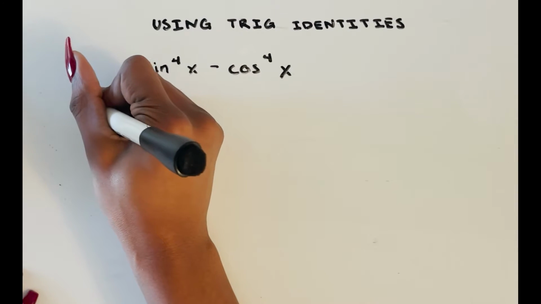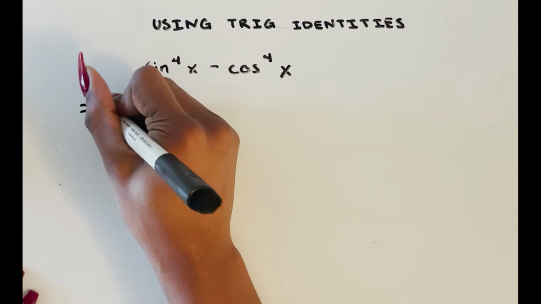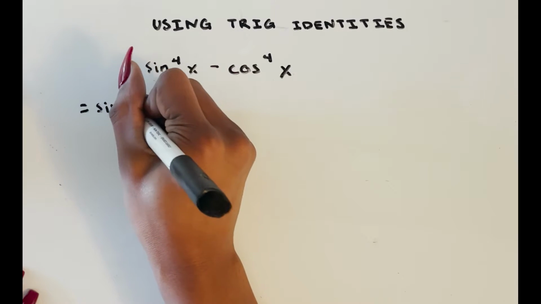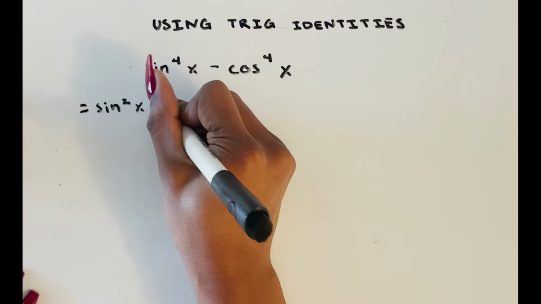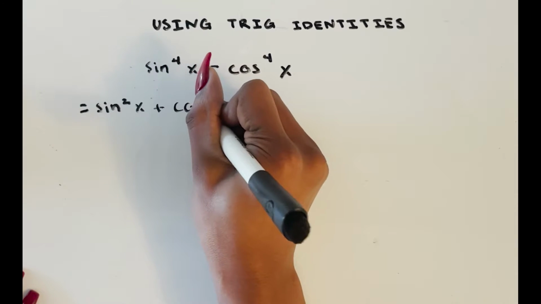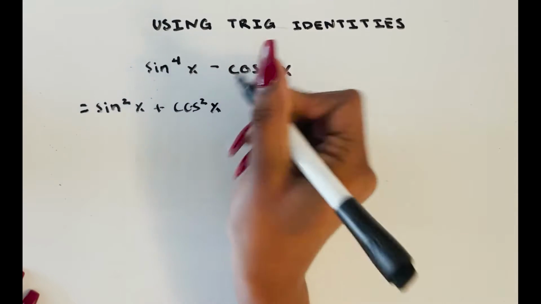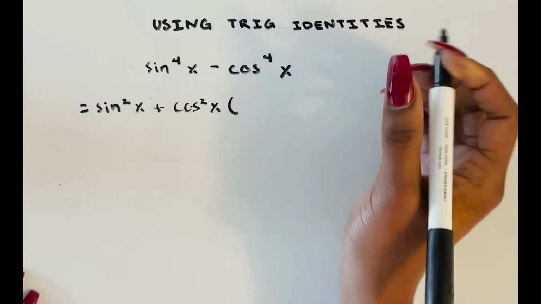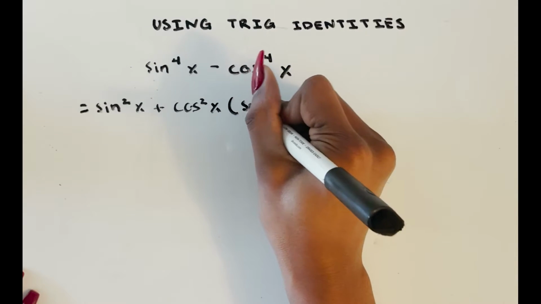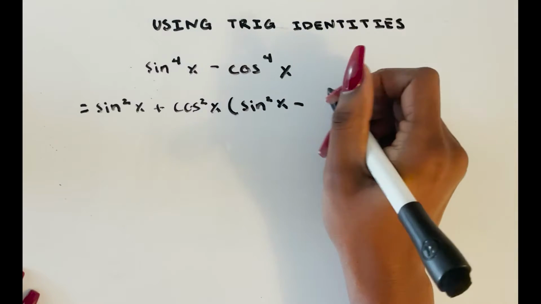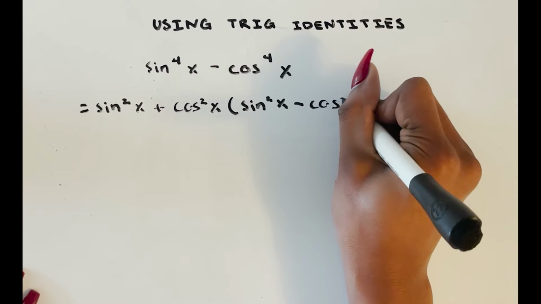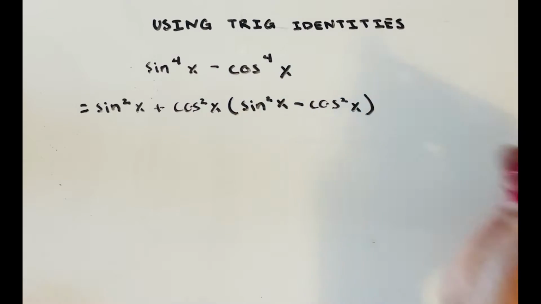We'll start by factoring out sine squared of x and cosine squared of x, so that'll leave us with sine squared of x plus cosine squared of x. Okay, and we're factoring out, and so we have sine squared of x minus cosine squared of x.